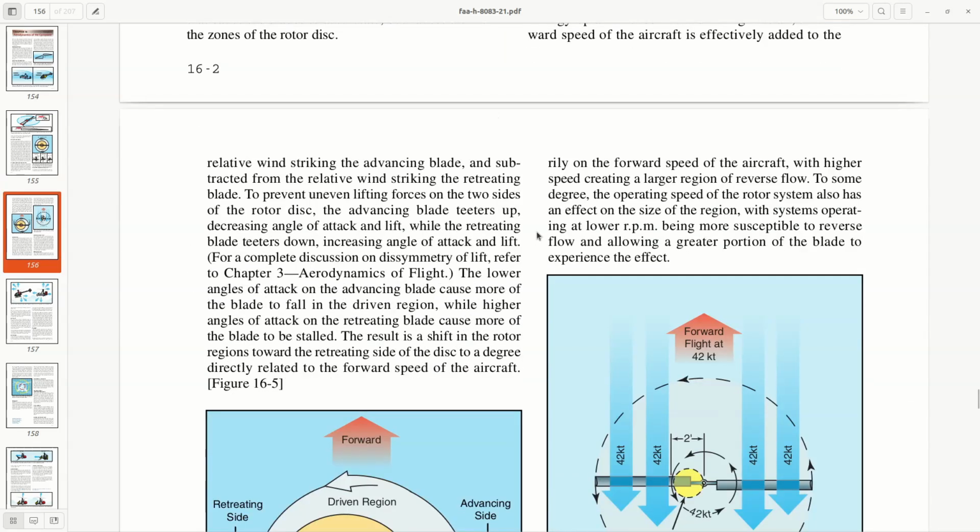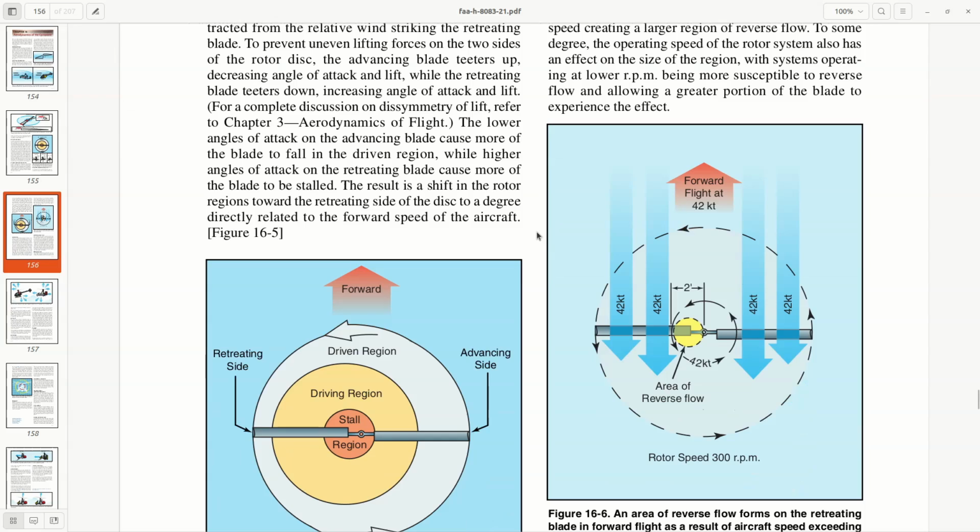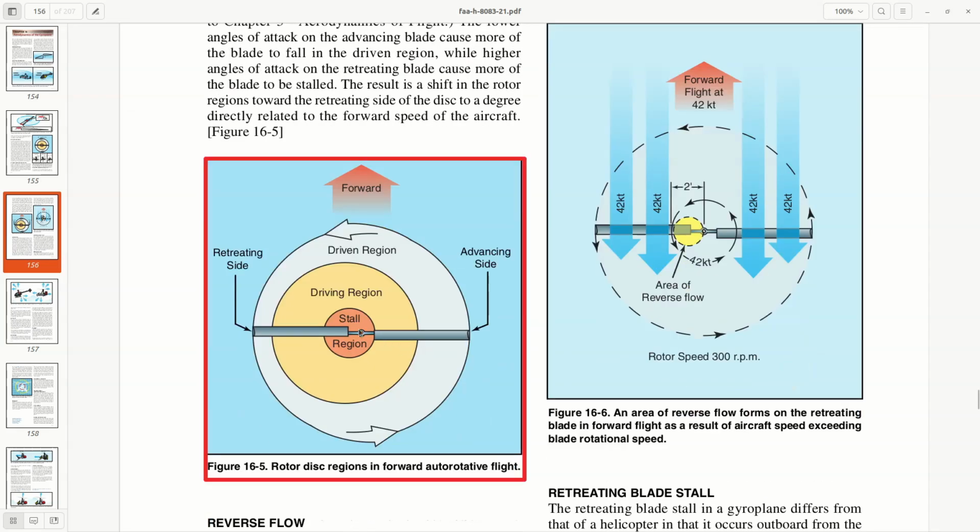The forward flight situation is just slightly different. Two things happen. Number one, all of these regions get pushed toward the retreating blade, which is often the left blade in a helicopter and a gyroplane.